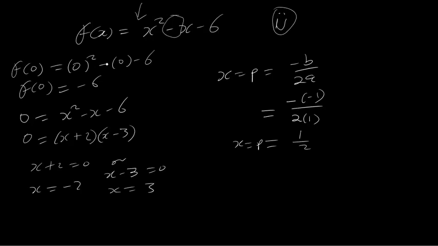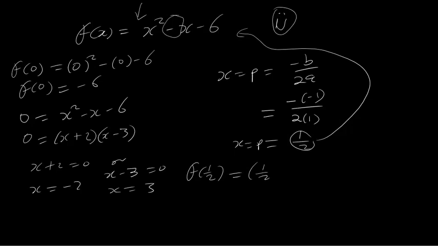If I like, I can take this value and substitute it into this equation to find the y value. So let's do that. Let's say f of 1 over 2 is equal to, where there's x, we're going to put 1 over 2, minus 1 over 2, minus 6. This gives us 1 over 4 minus 1 over 2 minus 6. Then let me see.